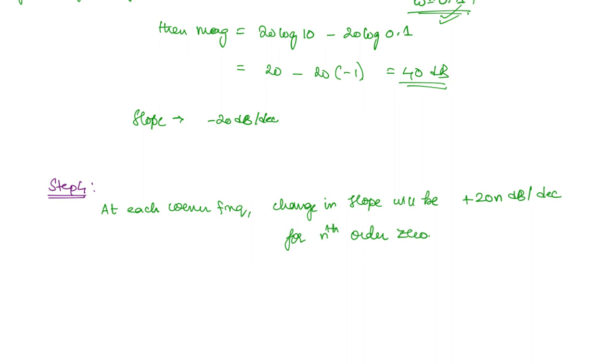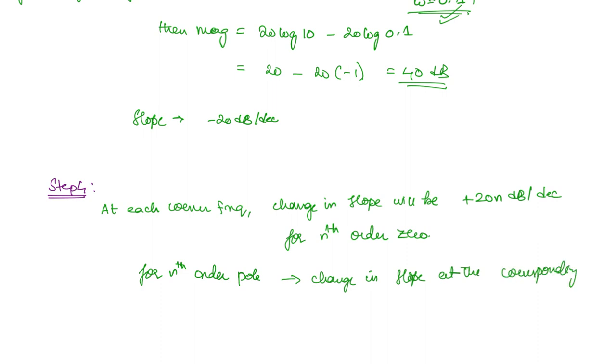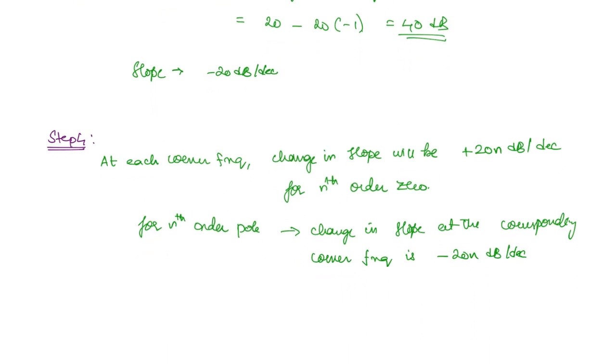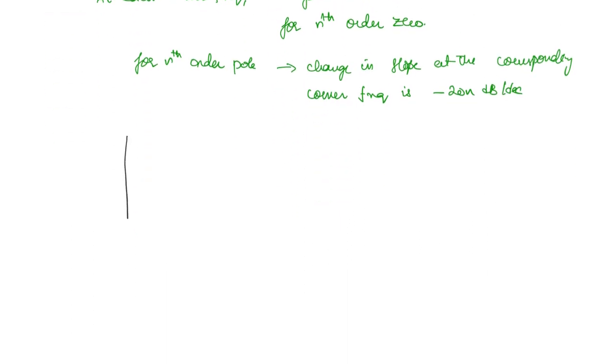And for an nth order pole, that means if the corner frequency corresponds to an nth order pole, then the change in slope at the corresponding corner frequency is minus 20n dB per decade. Now using all this, we will try to complete the magnitude of the Bode plot.